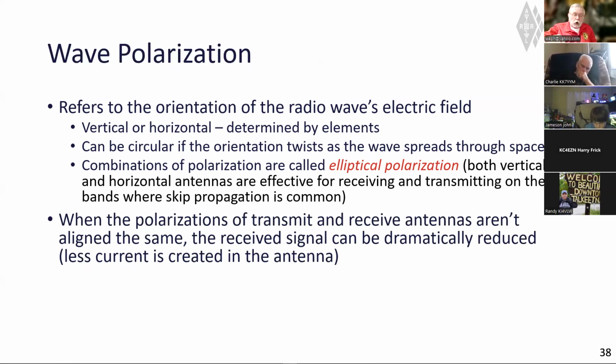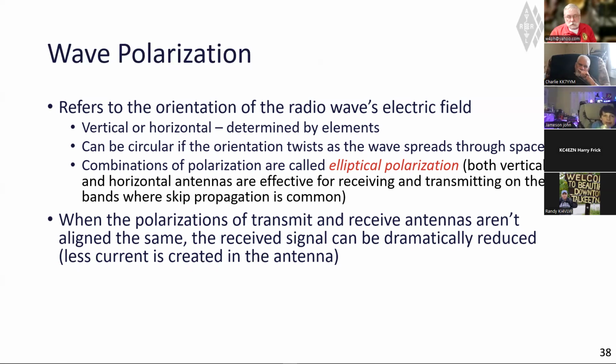If you're using a horizontally polarized antenna, you can have up to 20 dB difference in those two, and 20 dB is 200 times less signal. No, I take that back. It's 100 times less signal. I'm sorry, 20 dB is 100 times less signal.